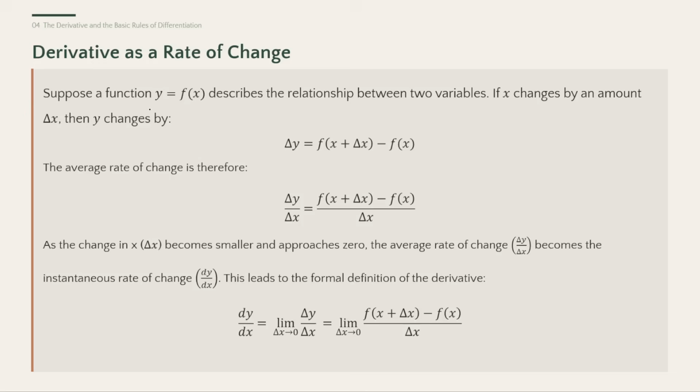Suppose a function y is equal to f of x describes the relationship between two variables. In this case, we have the independent variable and the dependent variable. And as I said earlier, if x changes by an amount, we represent that as delta x.